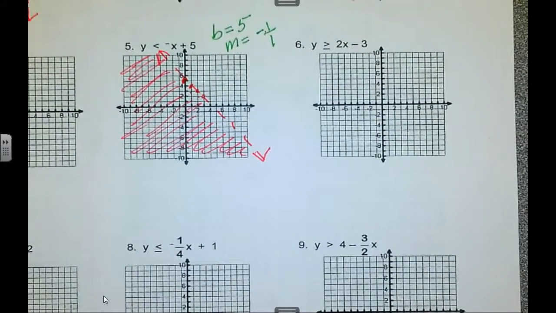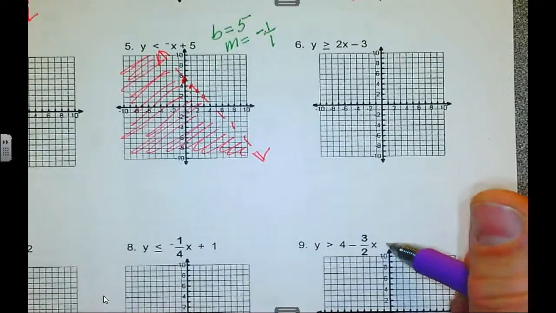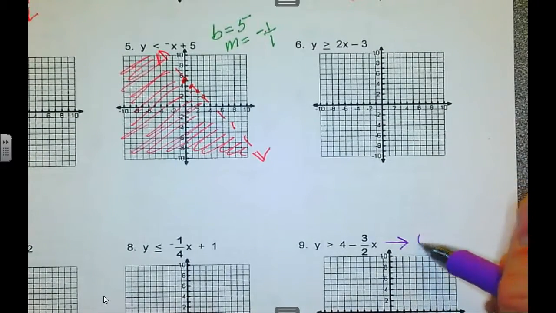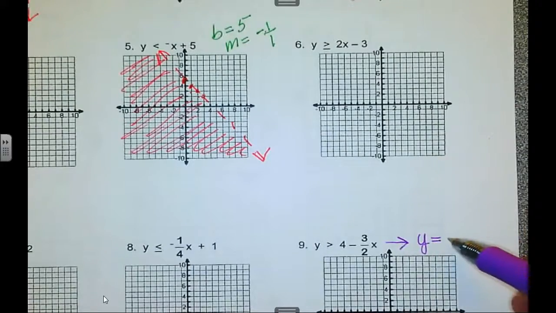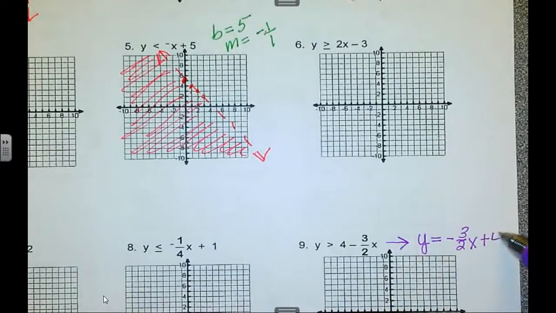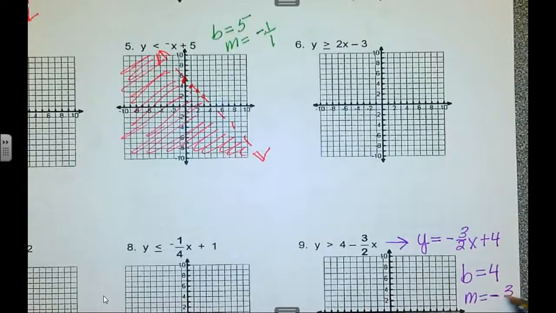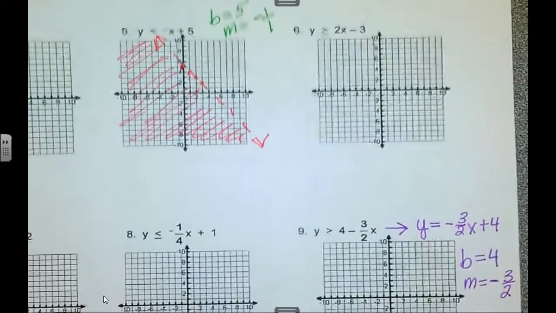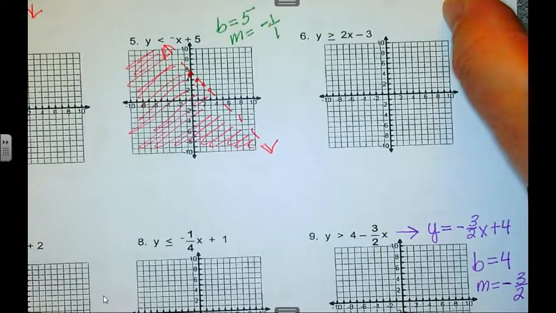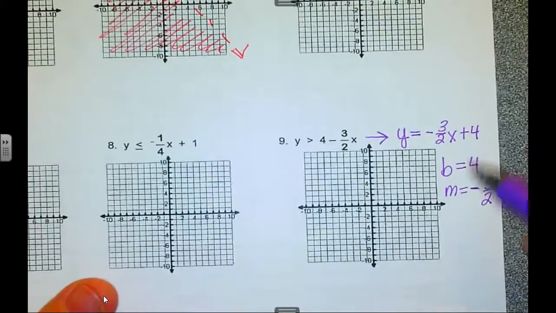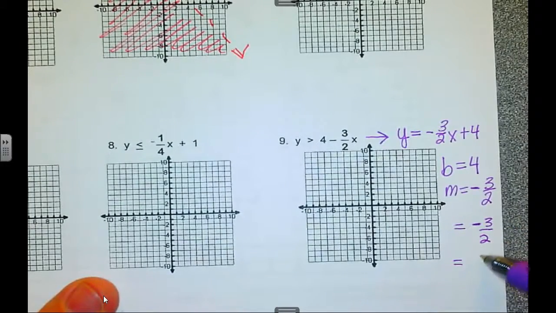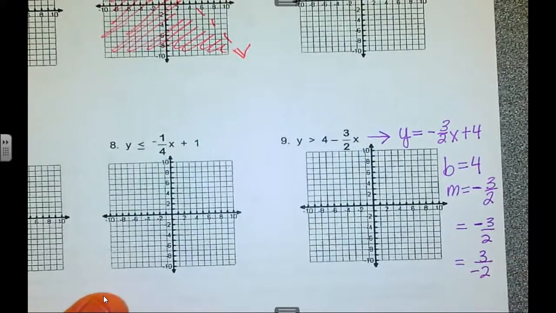Now, number 9, I'm gonna put my x term first. So in my slope-intercept form, I'm gonna put the negative 3 halves x first and a plus 4. So my y-intercept is 4, slope negative 3 halves. You guys are still screwing this up on your quizzes. That negative sign I can put with the 3 or the 2. Okay, don't flip the fraction.